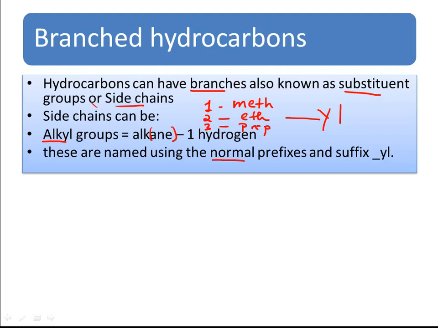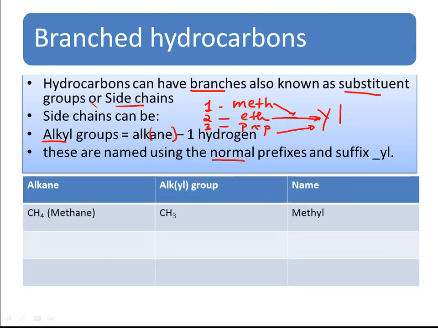We have already put together a video with that. So an alkyl group which has 1 carbon atom will be called a methyl group. An alkyl group which has 2 carbon atoms is called an ethyl group, and an alkyl group that has 3 carbon atoms will be called a propyl group.